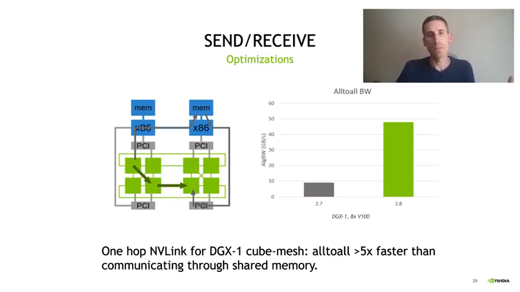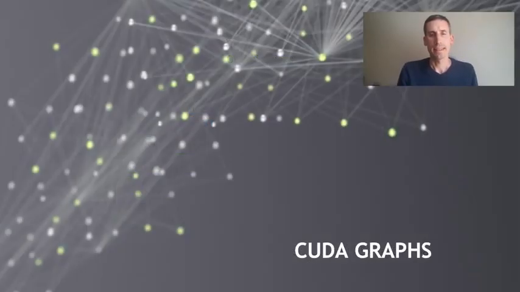And that way we move all the communication back down to NVLink, and as you can see, the bandwidth improvement is quite massive. More than 5x, which is not really surprising given that system memory is not really designed to achieve such high bandwidth. And that's it for NCCL 2.8.